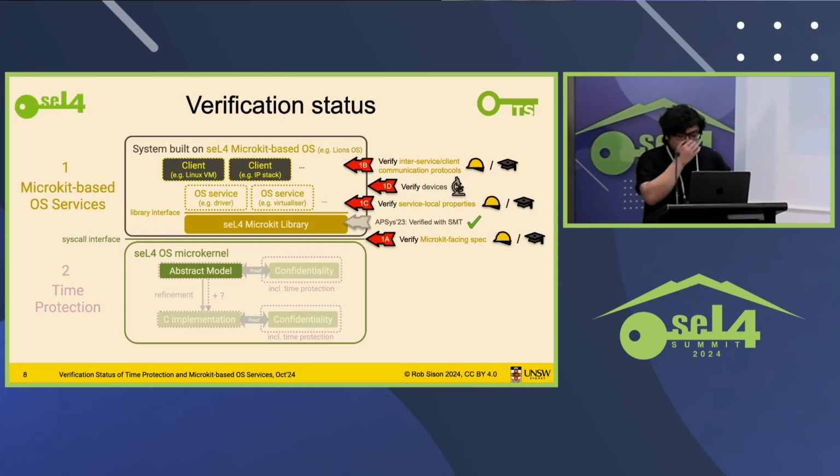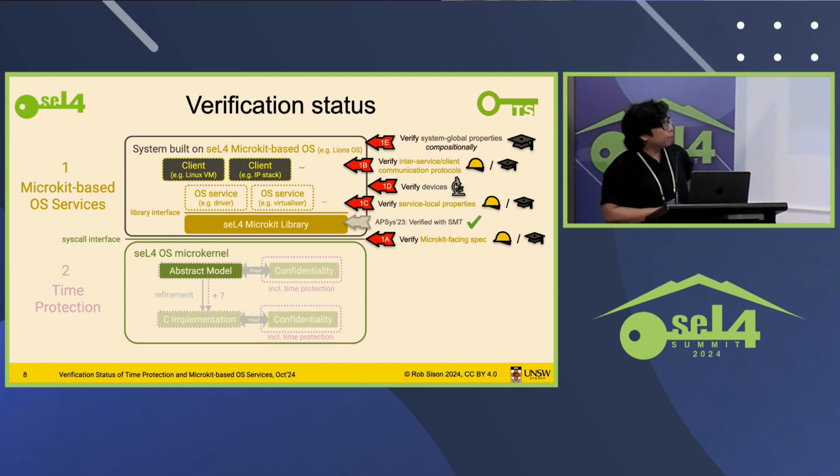Right, so that's almost it, but that's not the whole story, because at the end of the day, we want to have assurances about the whole system, right? So this is probably the broadest of the arrows here, because there are very many ways to go about this, depending on what sorts of properties you want to target.